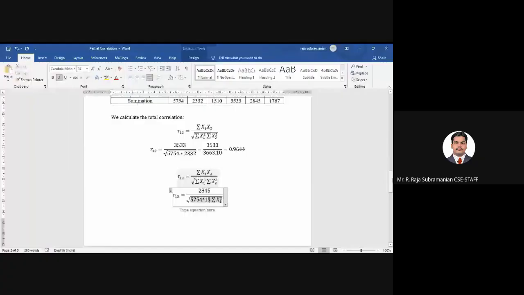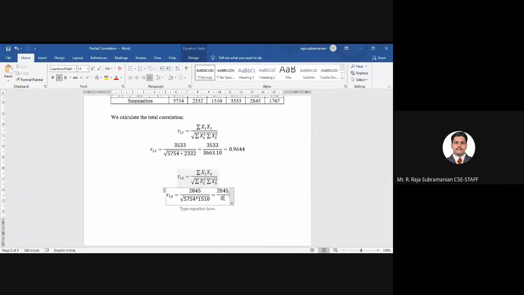I want your help in solving it, like in the previous class. So this is 2845 divided by the square root of 5754 into 1510. What is this answer? 0.9651, sir, after the square root.